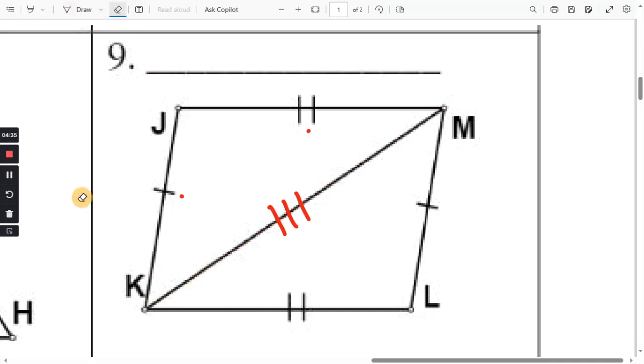All right, so I mark that side congruent to itself. And now looking at both triangles, we have side, side, side. And the other triangle, side, side, side. We basically have 3 sides on each triangle. So that is abbreviated S, S, S for the 3 sides on each triangle.